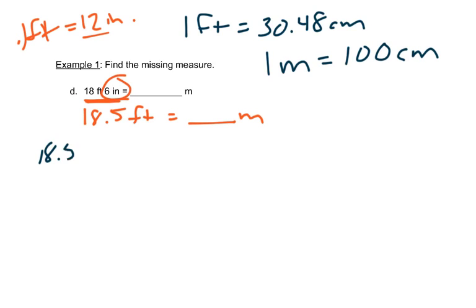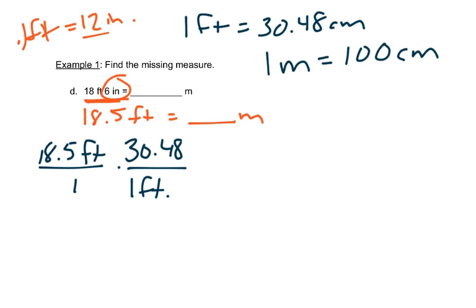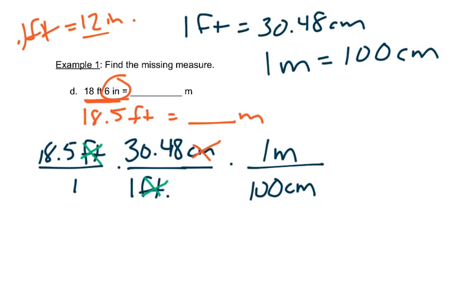We'll start with 18.5 feet over 1. And then we'll put the 1 foot on the bottom of our next piece and the 30.48 centimeters on the top. And because centimeters is on the top, we'll put the next 100 centimeters on the bottom and the 1 meter on the top. So now feet will cancel out because 1's on the top and 1's on the bottom. Centimeters will cancel out because 1's on the top and 1 is on the bottom.